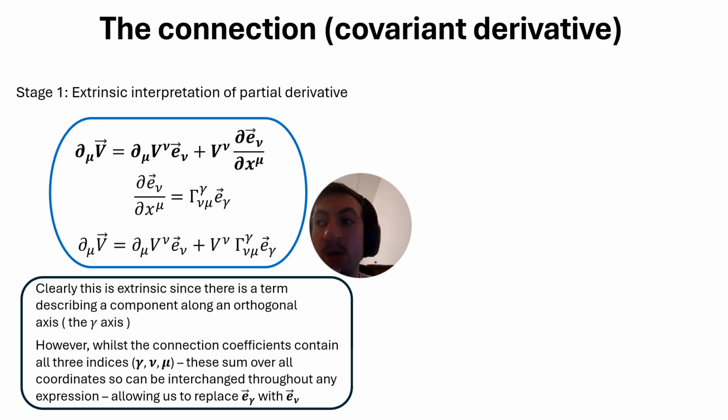So, if we were looking at a ladder on top of someone as they move across the surface of the Earth, we would be summing over all three spatial dimensions. In general relativity, we'll be summing over all four dimensions of space-time, but we're summing over all of them, and therefore, providing we change nu to gamma and gamma to nu, we end up with effectively the same expression.